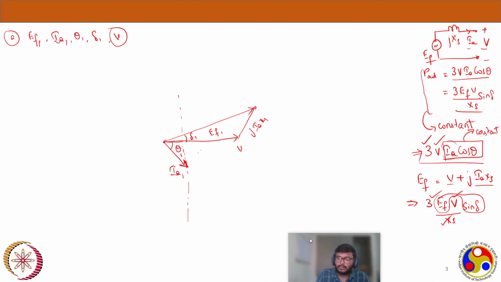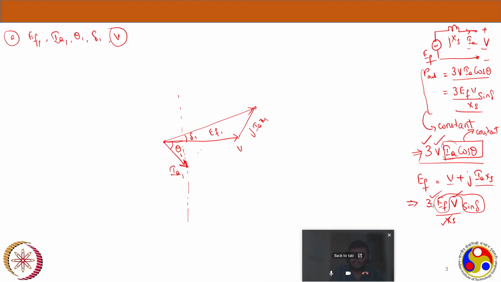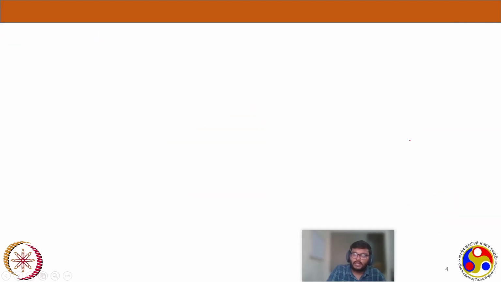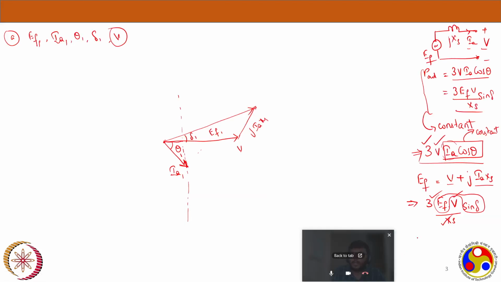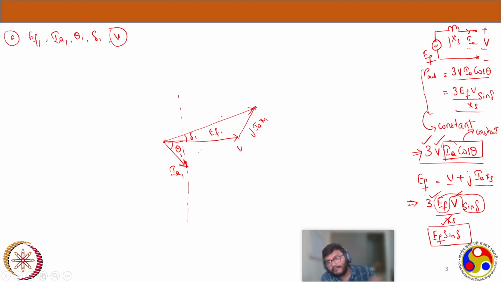Now what I am saying is, from the first condition we got that the IA cos theta product should be constant. From the second formula we got that EF sine delta needs to be constant. Now what is EF sine delta from the figure? EF is this one, this is delta 1.